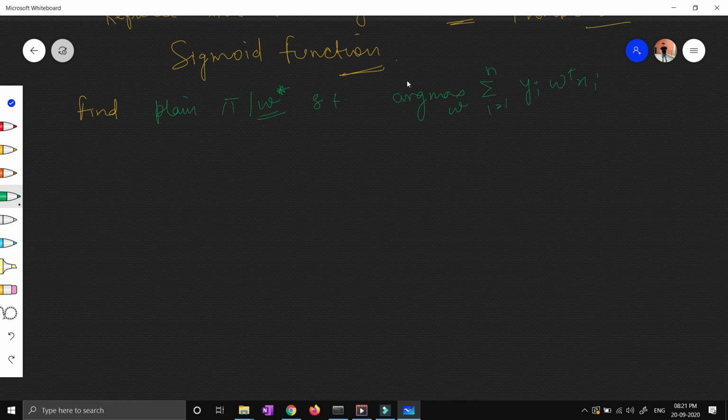So from the previous video we have seen this optimization problem, and now our ultimate goal is to find the plane pi and the value of w such that it maximizes this particular signed term. Over here these two things are new to you.